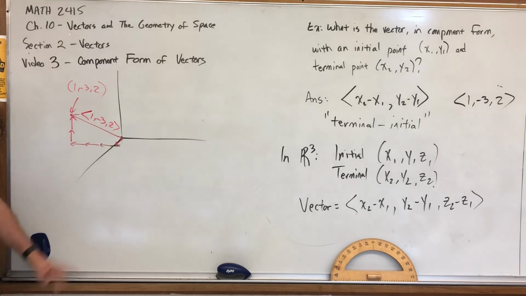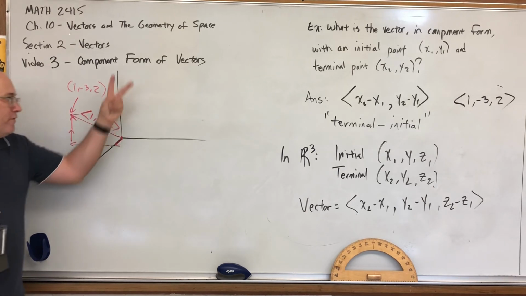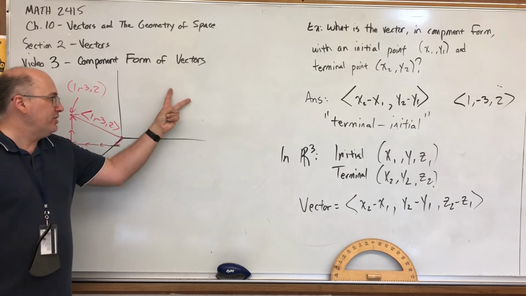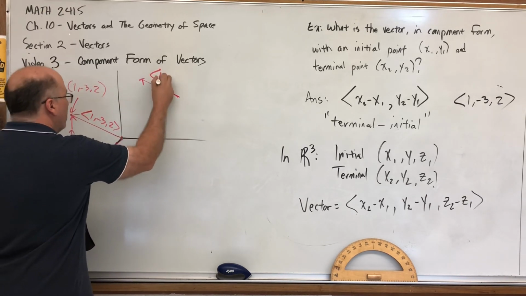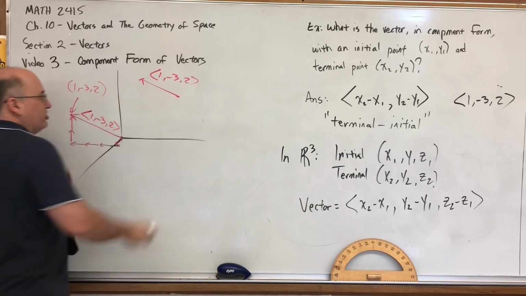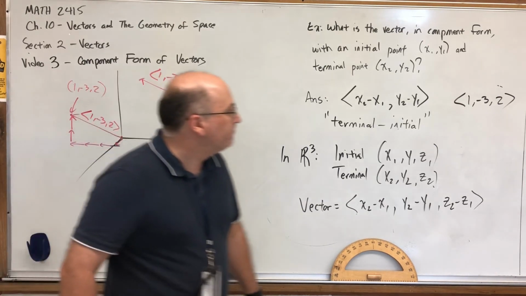But keep in mind that this is not the only place this vector lives. I can pick up this vector and move it wherever I want. As long as I don't change its magnitude or direction, it's still the same vector it was before. It's just at a different location. But if you put it in, I guess we could say standard position, you can initiate it from the origin, just connect it to the corresponding ordered triple, and boom, you've got your vector.